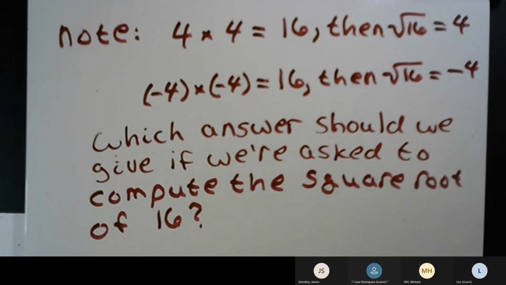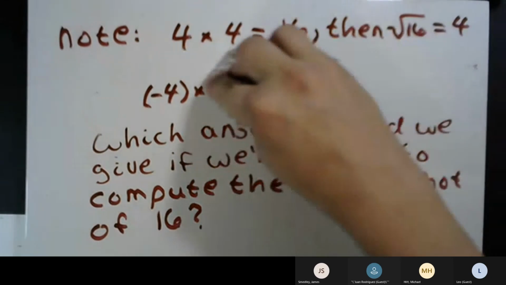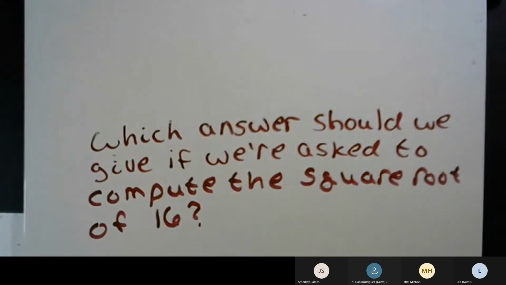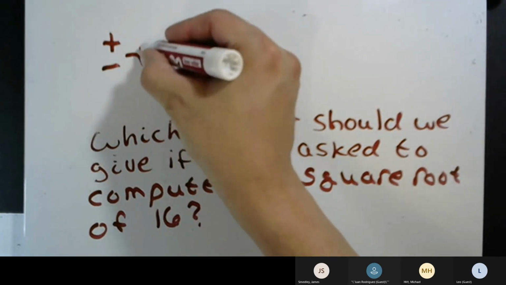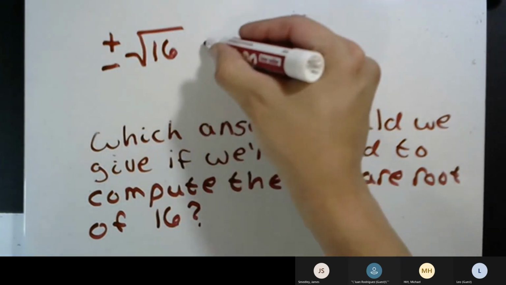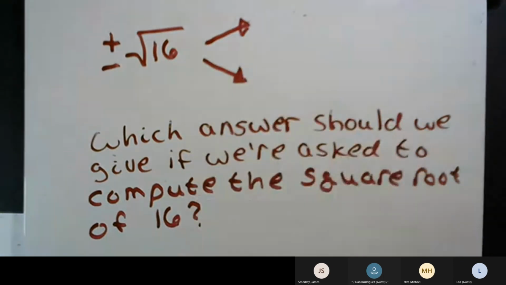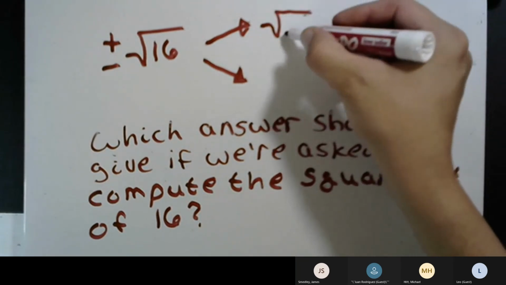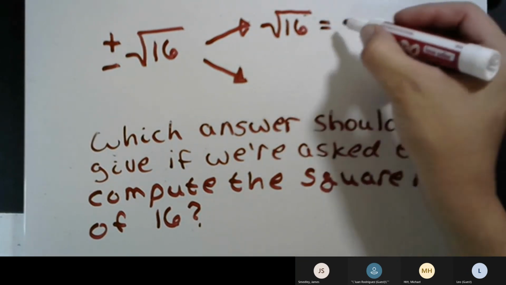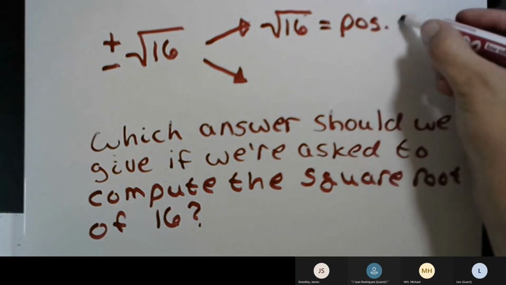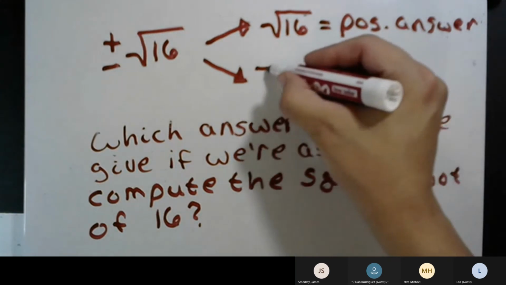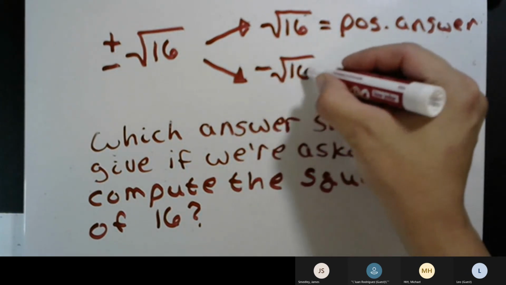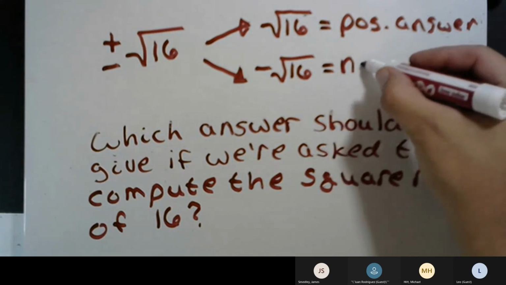Well, there's a little notation answer here. We basically have two choices: a positive or a negative answer for the square root of 16. And typically the way it works is this. If you just see a plain square root, they want the positive answer. But if you see a minus in front of the square root of 16, they want a negative answer.